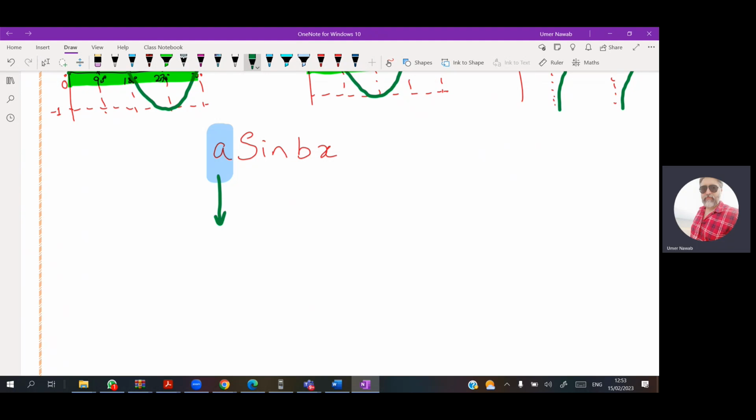But the language here will be changed in trigonometry. So here I use the terminology of amplitude. Amplitude is A. So from the central line, your graph goes maximum A units up and A units down.